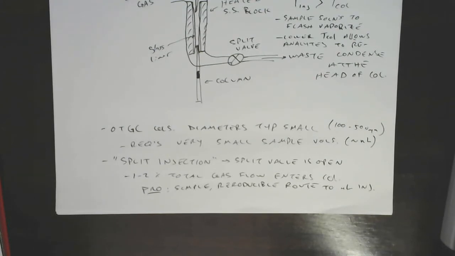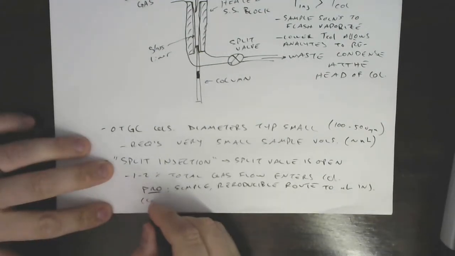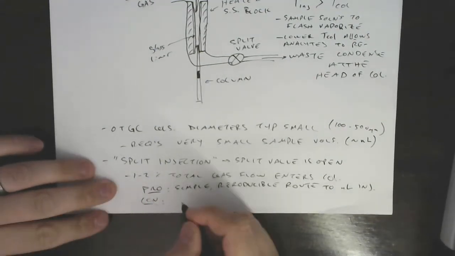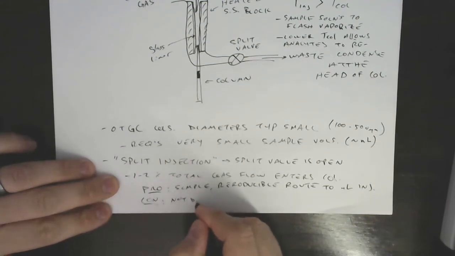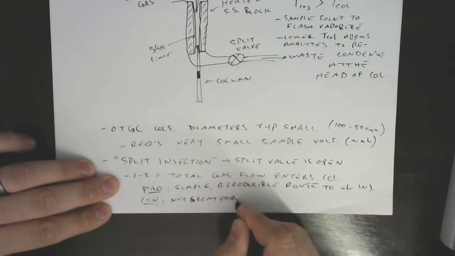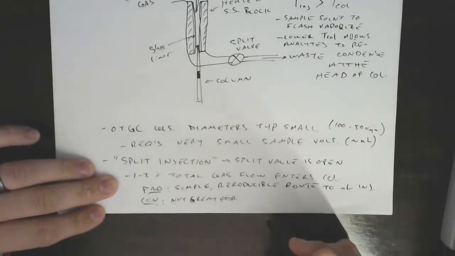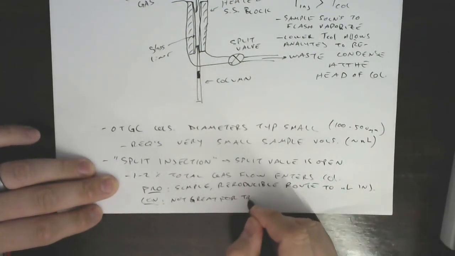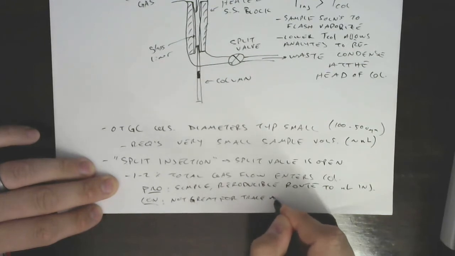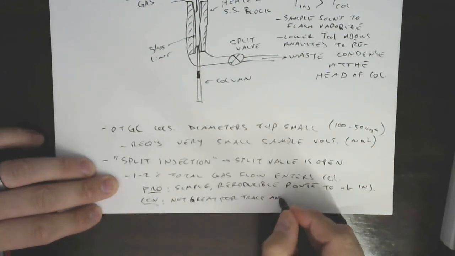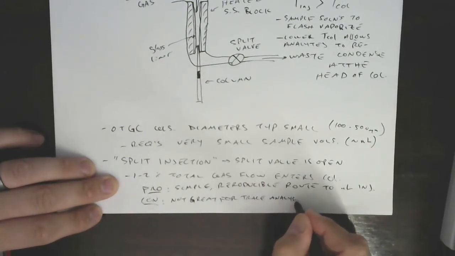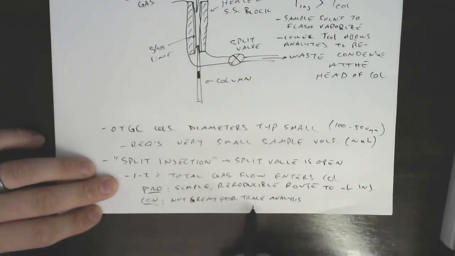Here's the big con of this. The big downside is that this is not great for a term we don't use a lot, but makes sense, trace analysis. All this means is when you're trying to analyze the components of the sample that are at very low concentrations, so the trace components, the things that are just barely there.